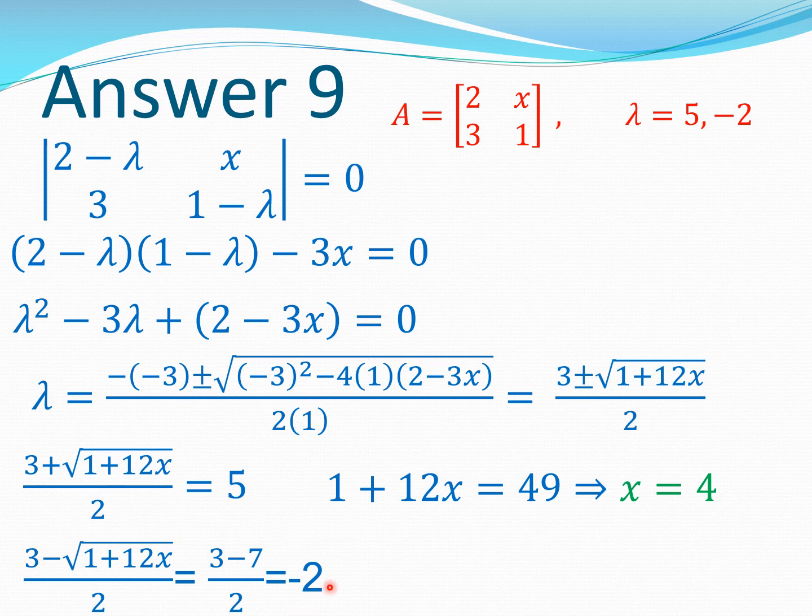I can put this solution here and I get the second eigenvalue, which is the one involving the negative value here, is -2. So this is satisfied. So this again is a very simple problem which tells you how to get the eigenvalues of a matrix. Now many a time it happens that you may have the eigenvalues of a problem and you may actually have to find the system. That is sometimes known as an inverse problem.